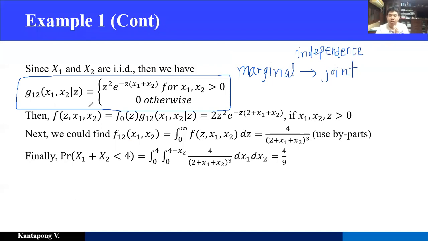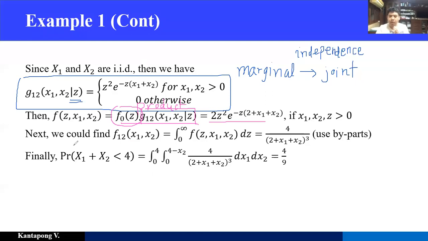The joint distribution, but we still have C. What we wish we knew is C. So we use the concept of the product rule. With this one, we can multiply F0 of C with this joint distribution, and what we get is this one.